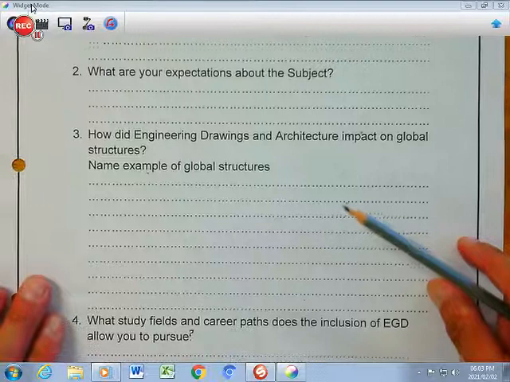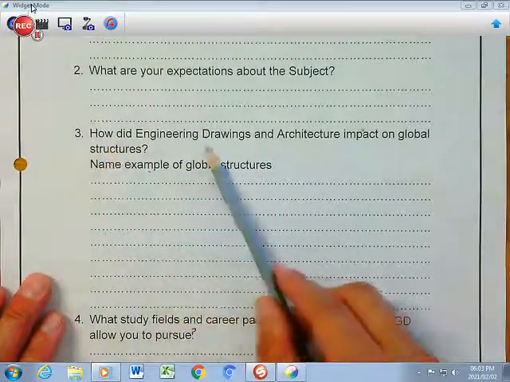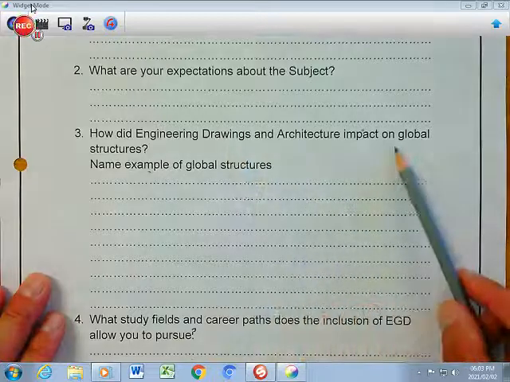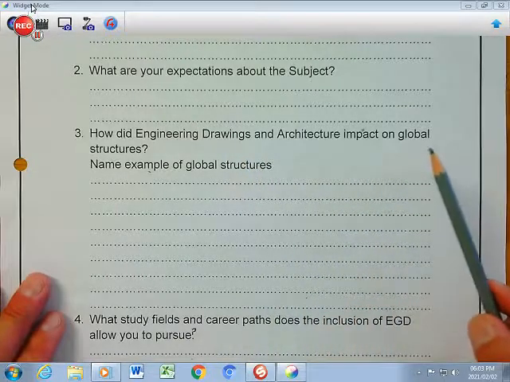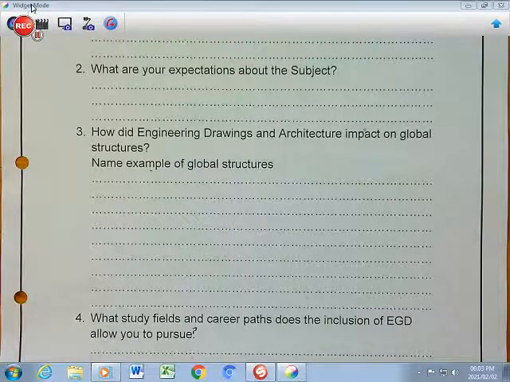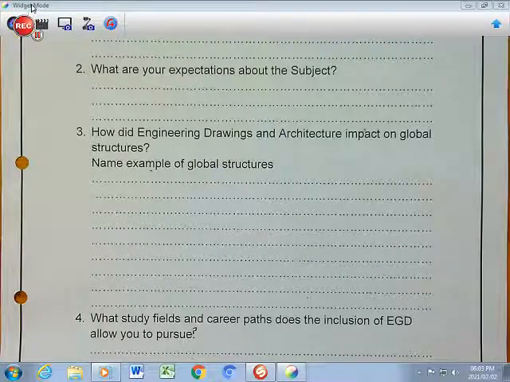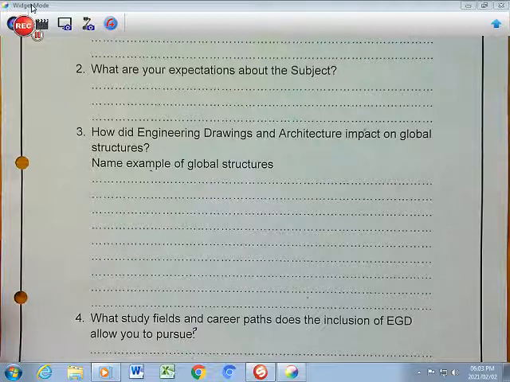Go to question number 3. How did engineering drawings and architecture impact on global structures all over the world? The engineering drawings which we are currently doing, these drawings have been practiced by many in the past, engineers, architects, even in the prehistoric time of the Egyptians.